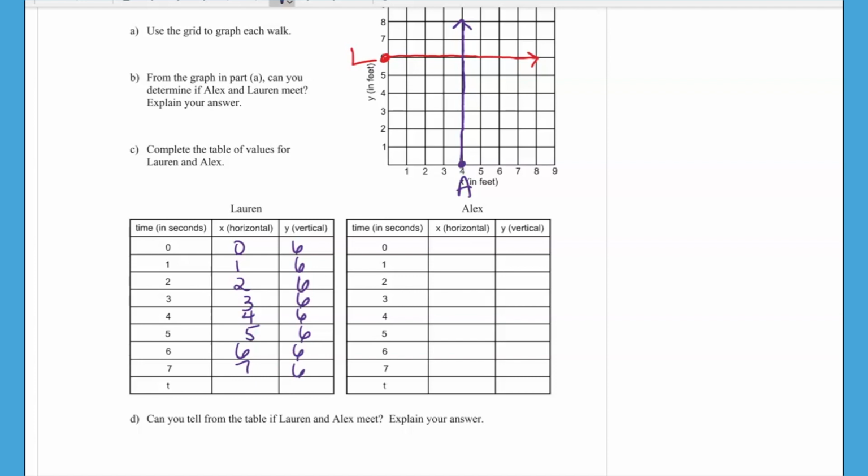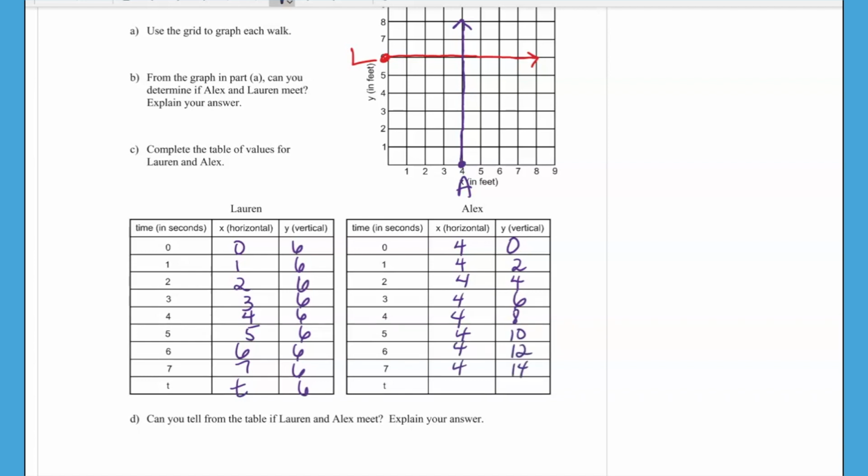Okay, so then after t seconds of time, she's gone t feet to the right, but she's staying at 6 feet vertically. While Alex at time 0 is at the ordered pair (4, 0), and after 1 second, because he's traveling vertically 2 feet per second, he's still at 4, but now he's at 2 feet vertically, and then (4, 4) and (4, 6), and you can see it's pretty easy as well to make Alex's table.